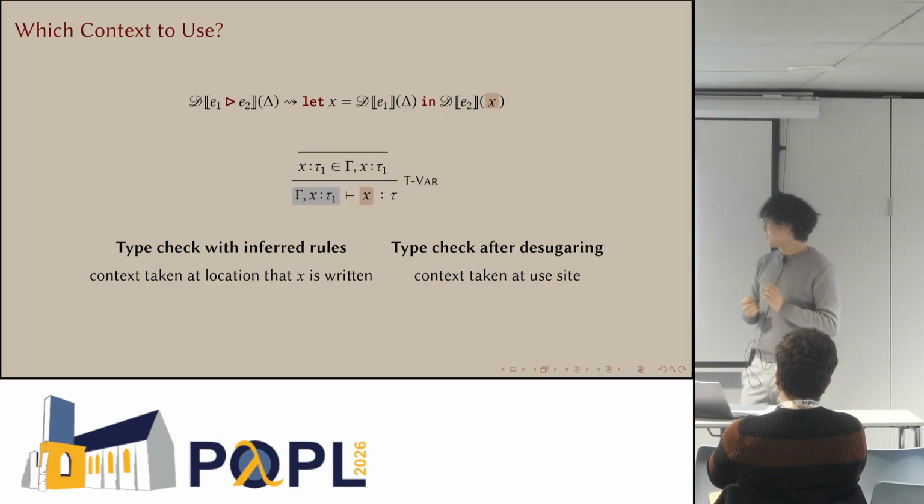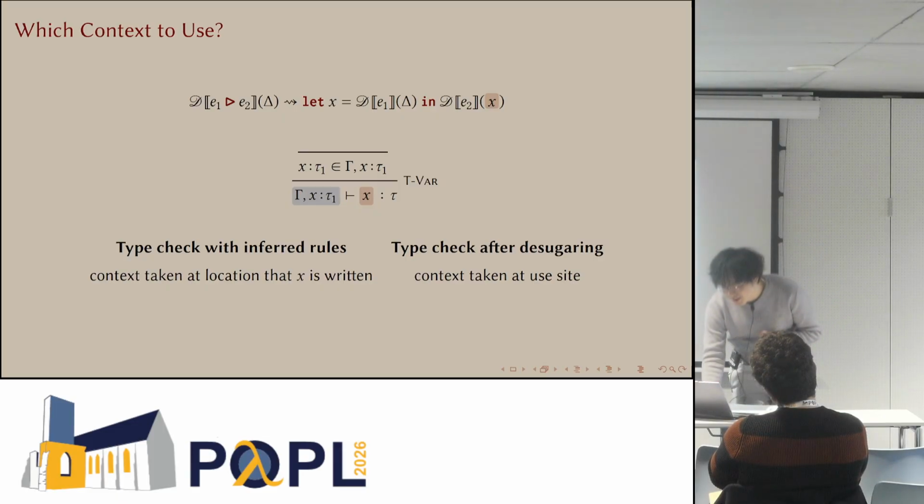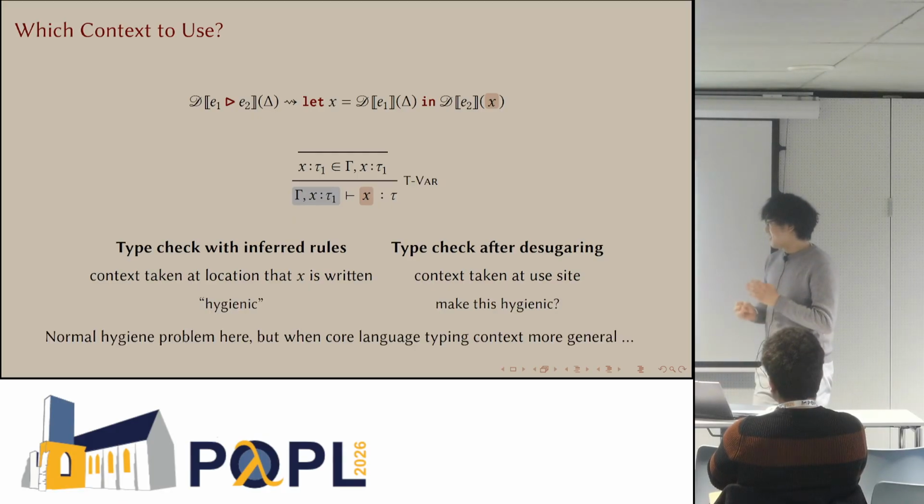But with type checking after desugaring, which we must be correct with respect to, the context is taken at the use site. With this gamma, it is still probably fine because the standard typing context just grows with more and more bindings. So there is a sort of hygienic thing here.